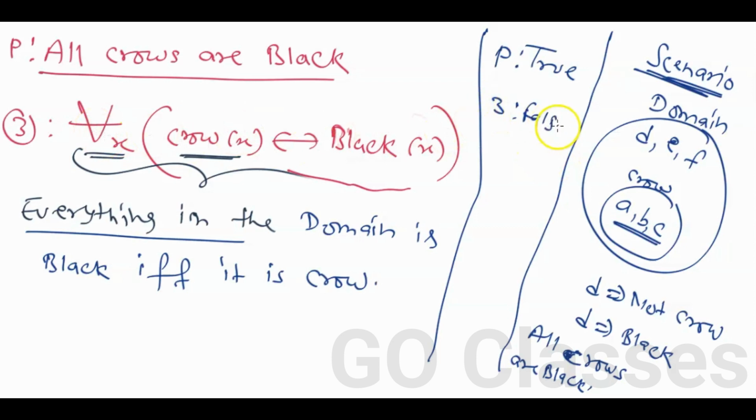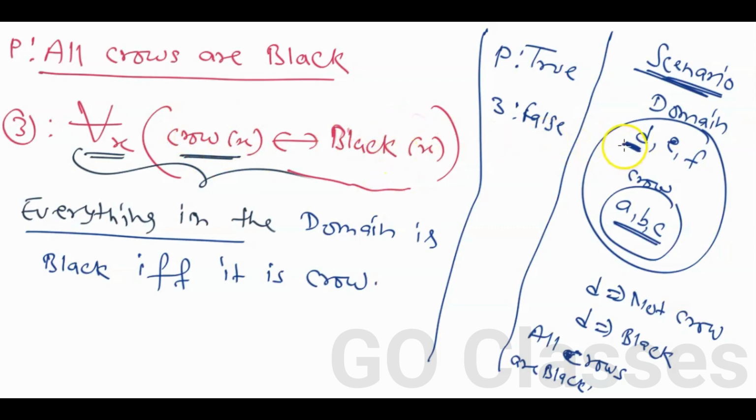Why? What is the reason? This expression 3 will become false because the domain has A, B, C, D, E, F, and because of this element D, for D this side is false because D is not a crow, and D is black, so this side is true.